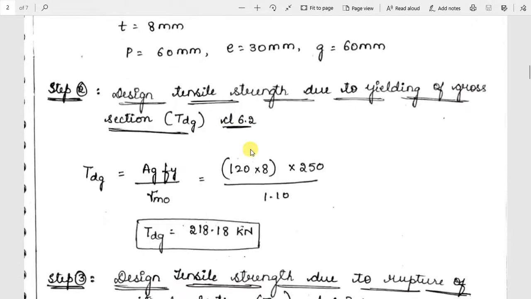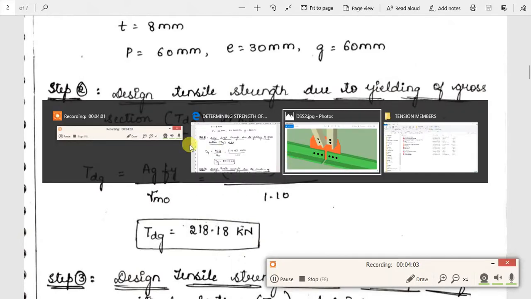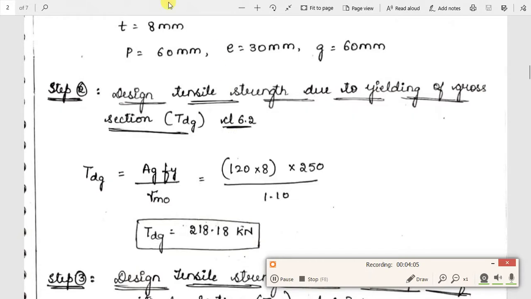So the next step will be determining the TDG value. It is given on page 32. We have used this formula in various other problems also.